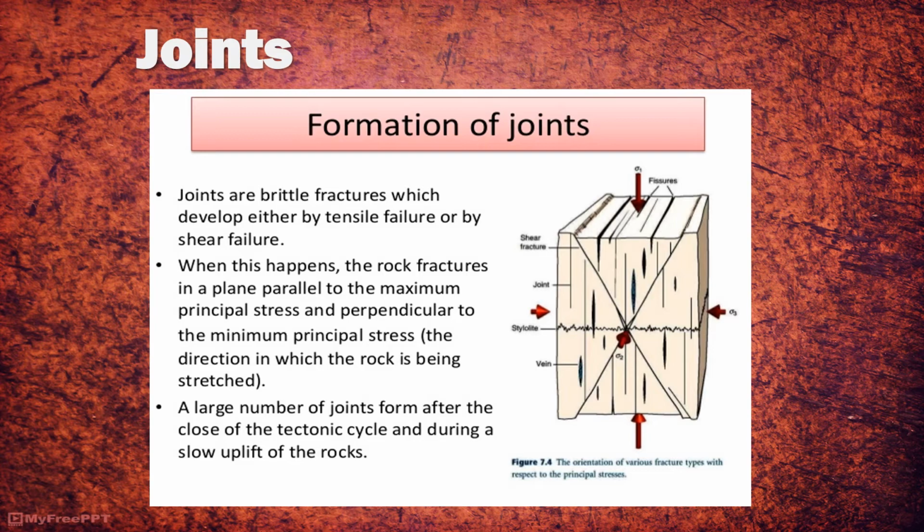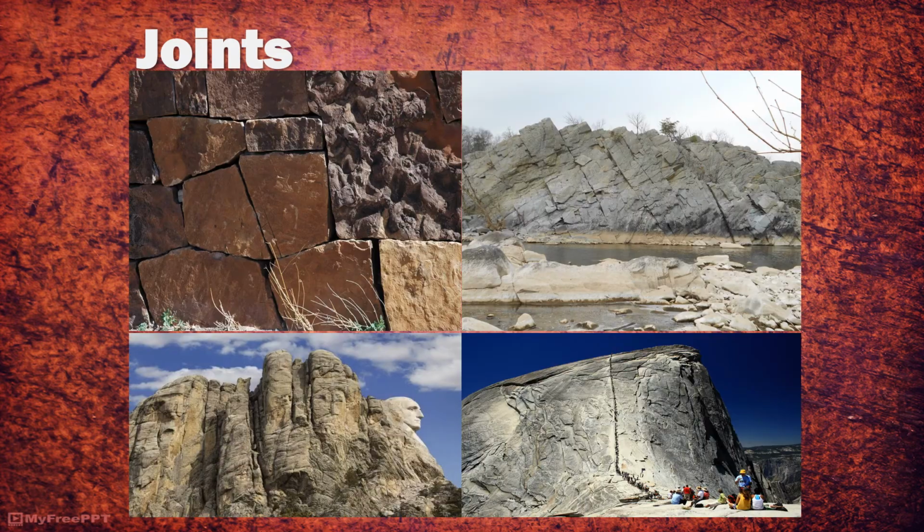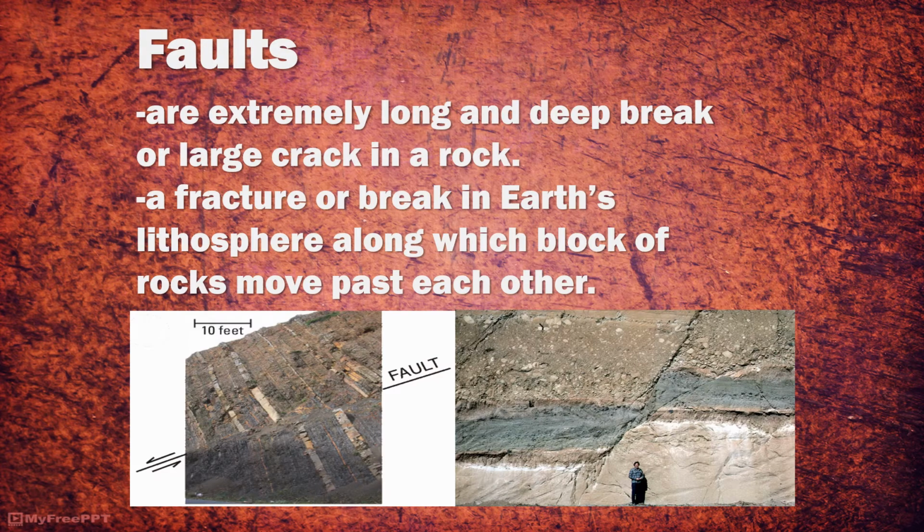The larger the number of joints formed after the close of the tectonic cycle and during a slow uplift of the rock. So these are examples of our joints. It still fits naman, but we have the fissures or yung hati due to the pressure.